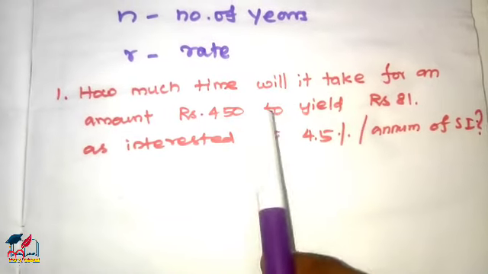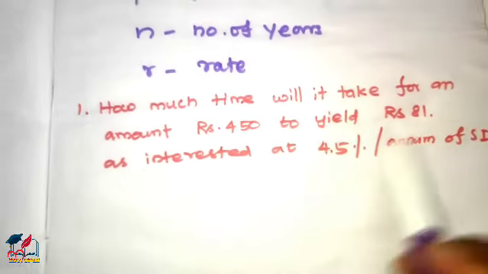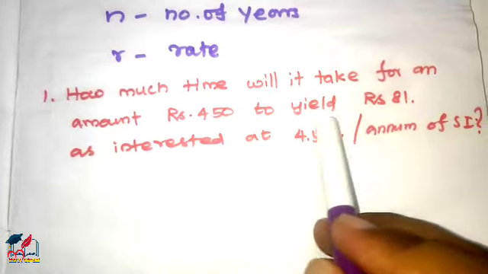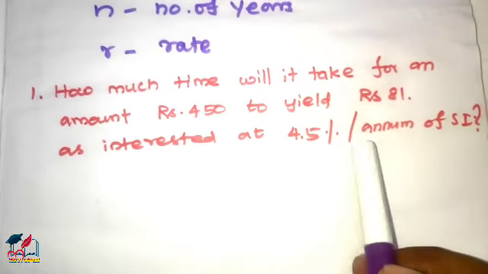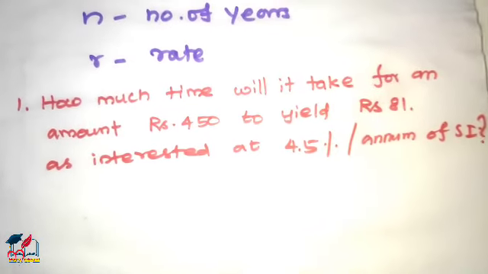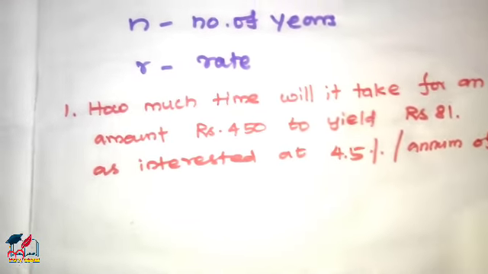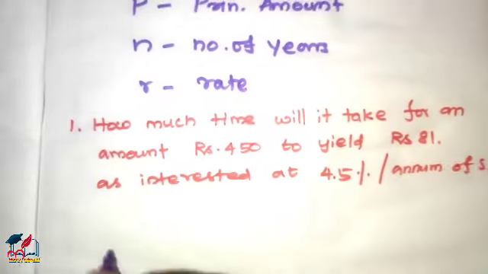How much time will it take for an amount rupees 450 to yield rupees 81 as interest at 4.5% per annum of simple interest? Let us now first rewrite the given data.